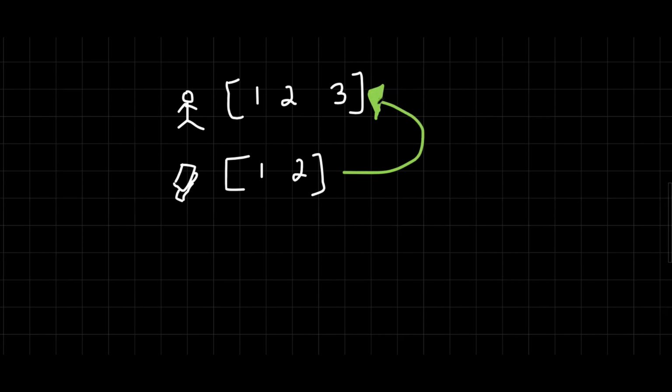The basic intuition of this problem is we will try to satisfy the children which have the minimum greed factor available. That means at first we will try to satisfy the student which has the minimum greed factor. So here in this array, we will try to satisfy the student which has the greed factor of 1.